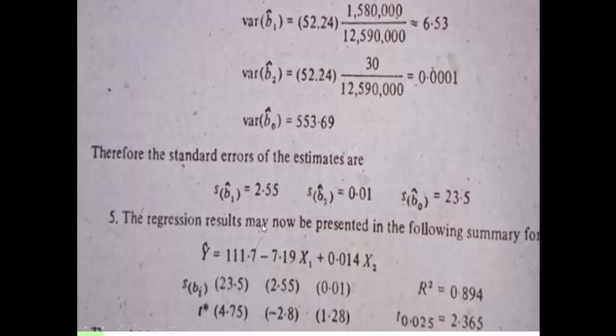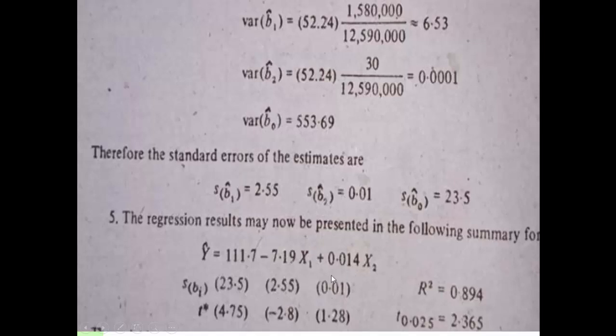You can get it in some of the software as well. This is the estimated y, with b0, b1 hat and b2 hat. The standard error which you see below the b0 hat is the standard error of beta 0 hat, and these are the standard errors of beta 1 hat and beta 2 hat.